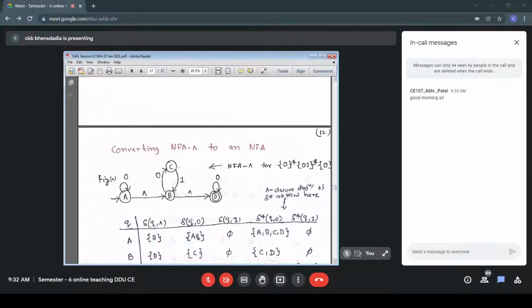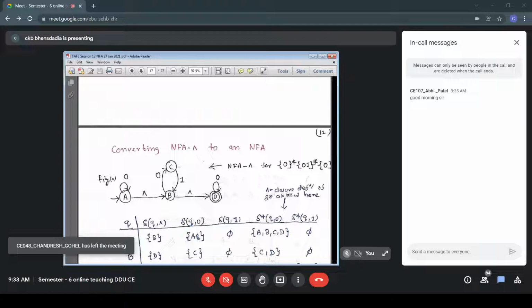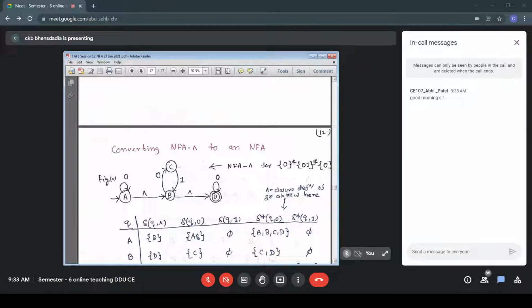That is a theorem, theorem 4.2. We'll do that later. Right now we work out the examples, how we convert NFA-null to an NFA. Once again, this conversion is based on the theorem. Just to make things easier when we discuss the theorem, we are going in the reverse direction, looking at the example, which is based on the concept in the theorem, and then we'll look at the proof.